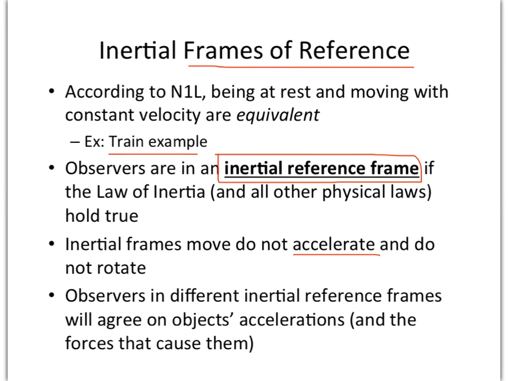Only if you were able to look out a window and see somebody outside in a field would you perceive that we're in different inertial reference frames because I'm moving away from that person. Who knows whether the train is stationary and the field is moving away, or the field is stationary and the train is moving away. But that's at least the thought experiment to picture inertial reference frames.